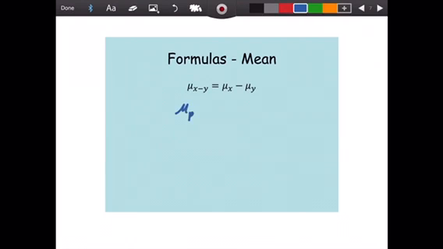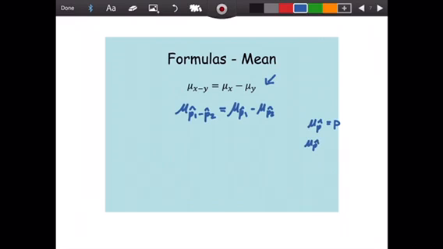So we're looking at the mean of p hat 1, sample proportion 1, minus p hat 2. Well, using our formula that we know here for the two independent means, we know the mean of p hat 1 minus p hat 2 is the mean of p hat 1 minus the mean of p hat 2. Well, if you recall, the mean of p hat is just the true proportion for that population.